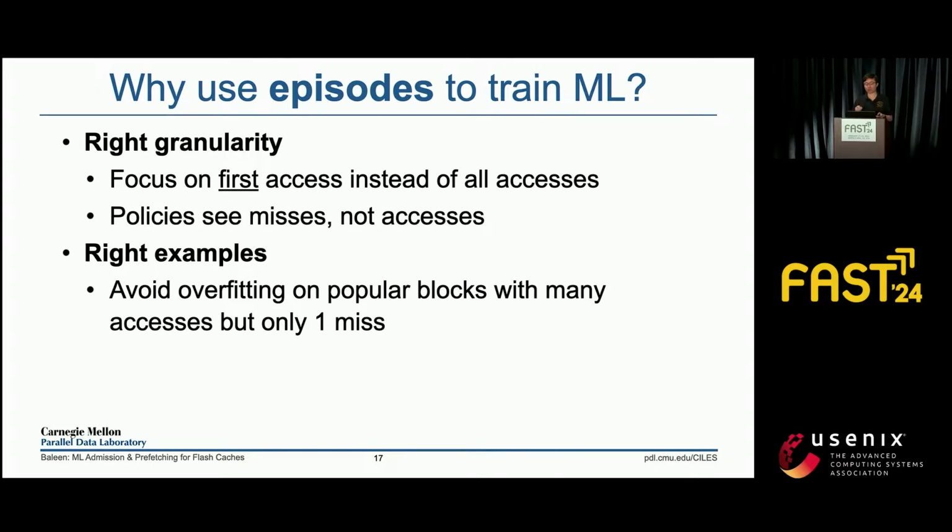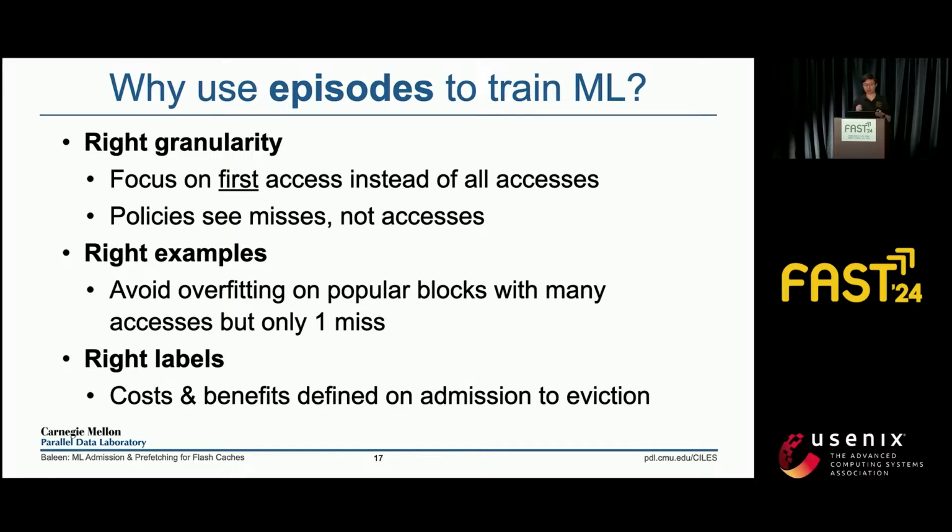We avoid overfitting on those super popular blocks that I mentioned, which may only have one miss and thus be actually one episode. And episodes also help us come up with accurate labels and accurate cost and benefit functions, defined on the time from admission to eviction instead of using a sliding window or just looking ahead into the future an arbitrary time.